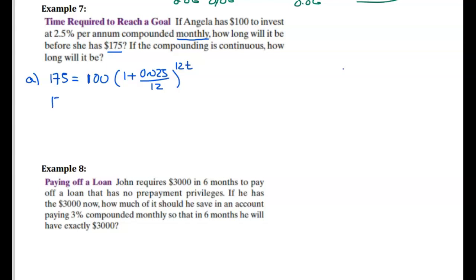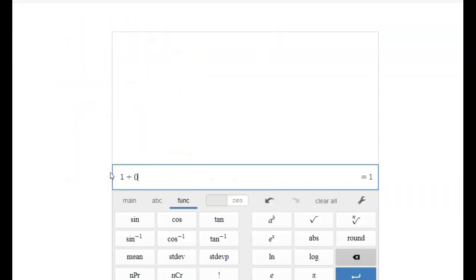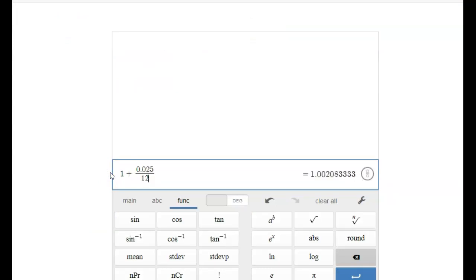Okay, so we have 175 divided by 100 equals 1 plus 0.025 over 12. Let me actually do that, just so we write less. 1 plus 0.025 divided by 12.